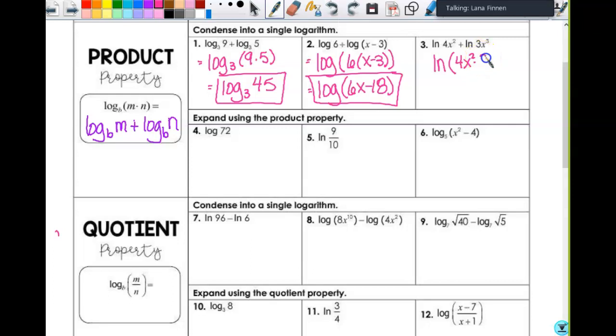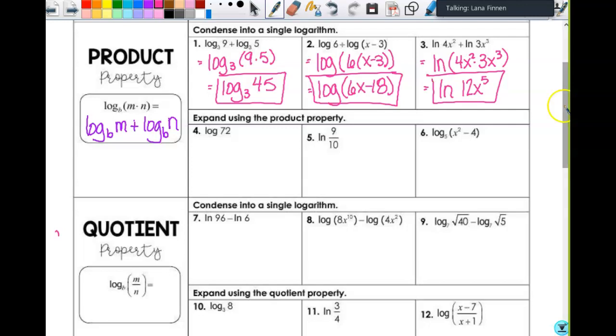Okay, times 3x cubed. All right, good. So then that becomes natural log of what? Yes, very good. Thank you. Any questions about that? Okay, so that's condensing. Now we're going to expand.